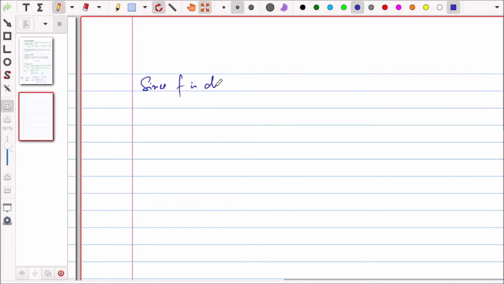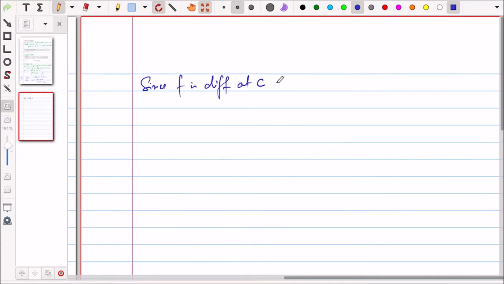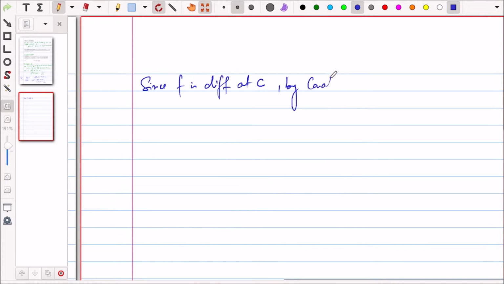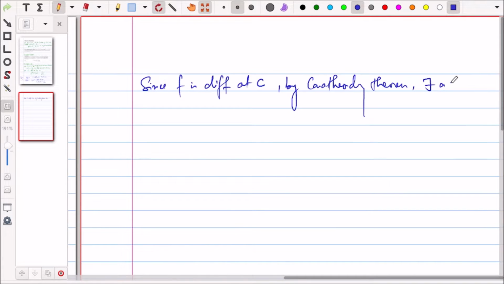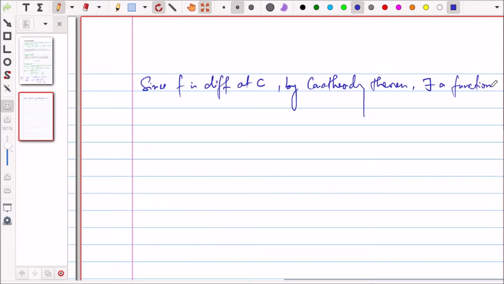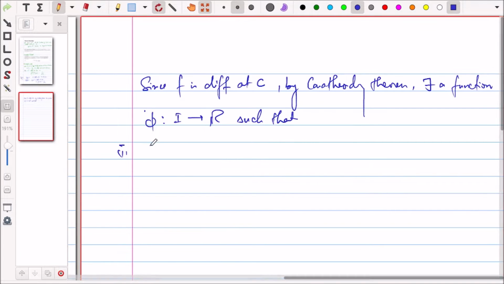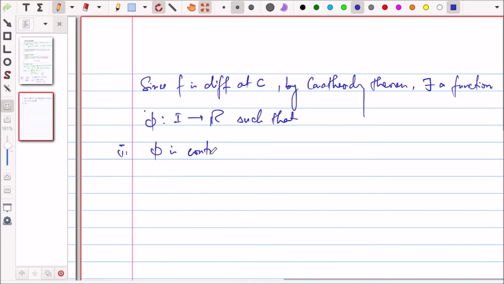Yes. So by Carathéodory theorem there exists a function phi from I to R such that first phi is continuous at C, right?